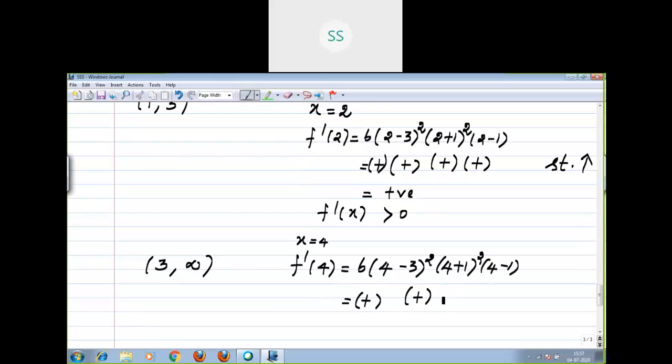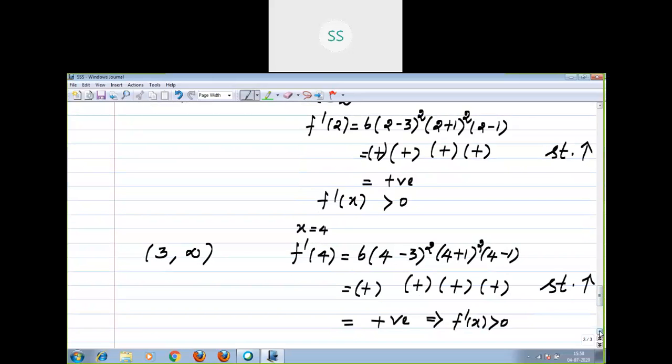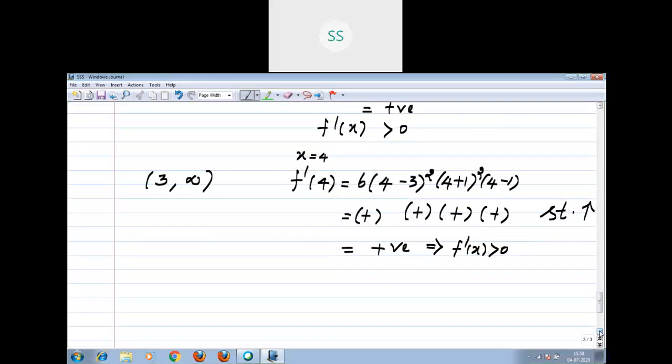Here also you can get positive. Here also positive. Here also positive. So what is your result here? Positive. Which implies f dash of x greater than 0, strictly increasing. Final conclusion we are going to give for the sum is, right?